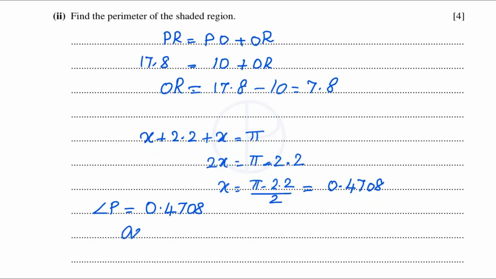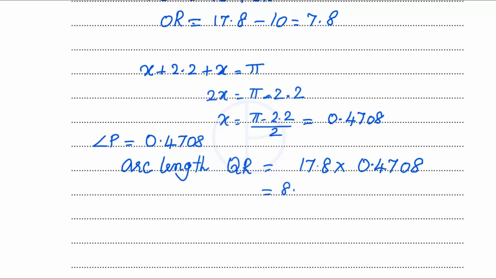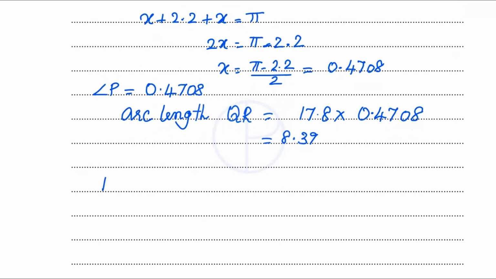Okay, so let's calculate the arc length QR, which is 17.8 times 0.4708, which is 8.39. So the perimeter is OQ plus arc length QR plus OR.